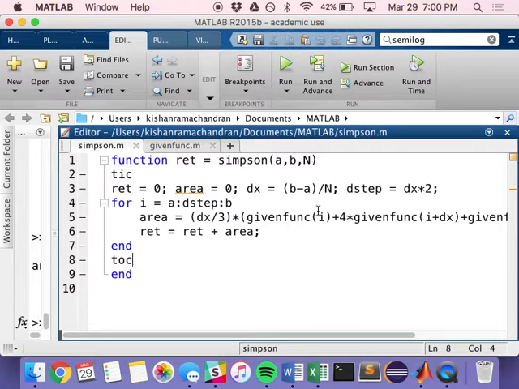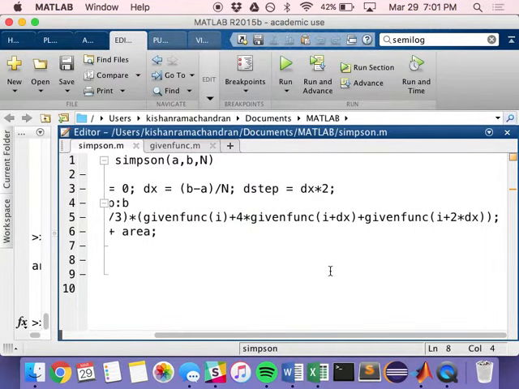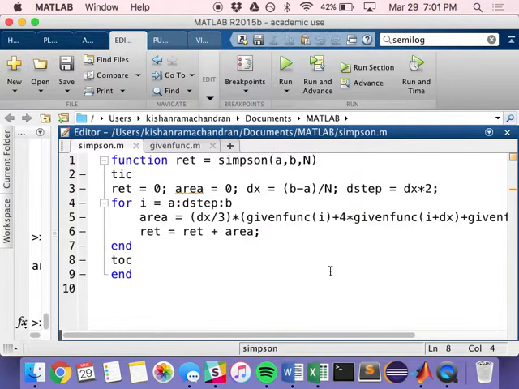Then we're going to do... Yeah, that's right. So that's just I plus 2 times dx at the very end. Okay? So, what this does, similar to the trapezoid method, but it's a little more accurate. In theory, it should converge a little faster.